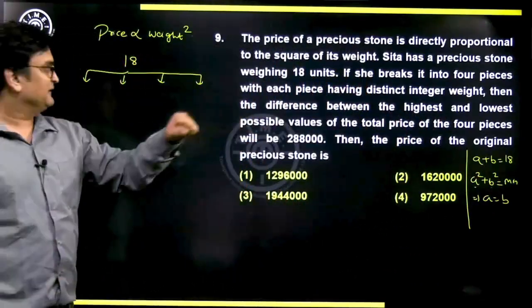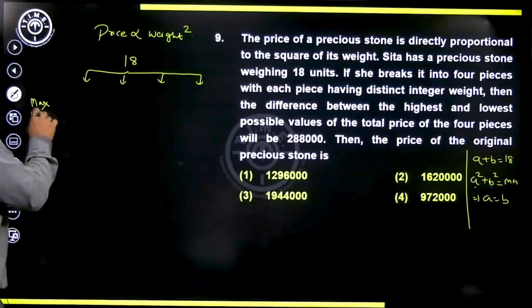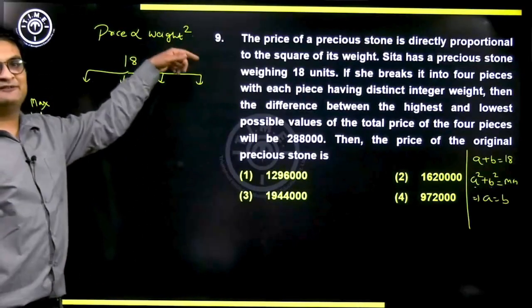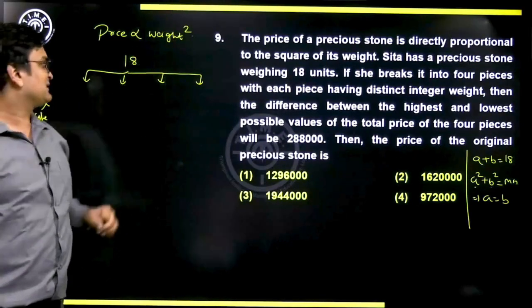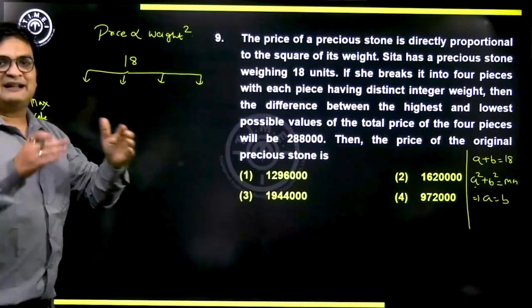The sum of the squares is minimum when both the numbers are equal, and maximum when the numbers are as far apart as possible. Using that principle, if I want the maximum value of the 4 pieces, I will take the 4 weights as far apart as possible.